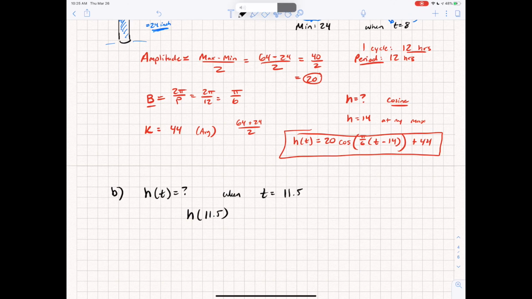Well, to find this, I just need to plug 11.5 into my model. So 20 cosine pi over 6, 11.5 minus 14 plus 44. Because this is not going to be exact angles, I have to use a calculator to approximate.